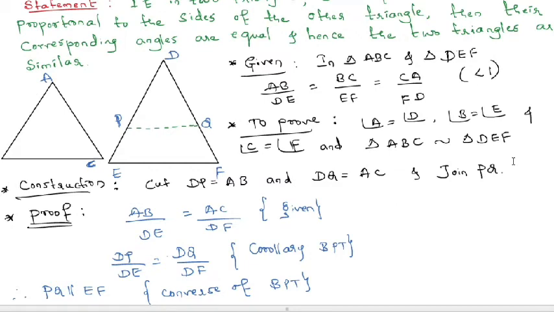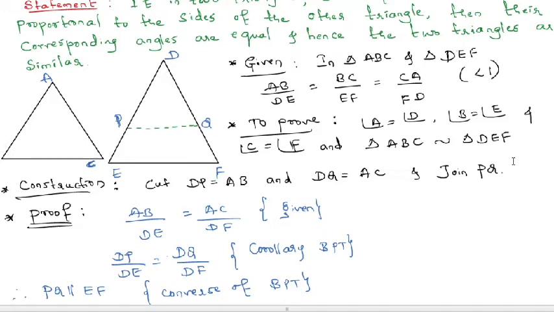In triangle ABC and triangle DEF, AB by DE is equal to BC by EF is equal to CA by FD. This much is given. So, what are we going to prove? Angle A is equal to angle D, angle B is equal to angle E, and angle C is equal to angle F, and triangle ABC is similar to triangle DEF.